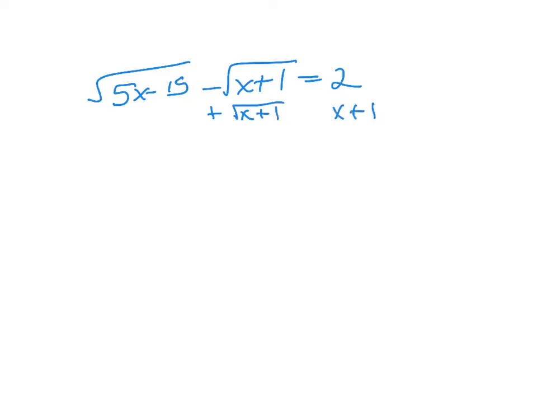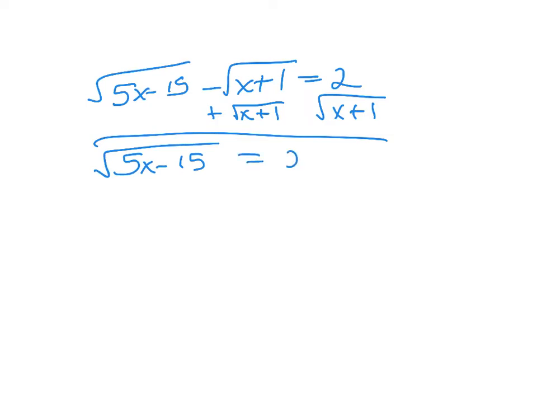So I'm going to add the square root of x plus 1 to the other side. I now have 2 plus the square root of x plus 1. In order to cancel the radical, I am going to square both sides. Squaring the left side causes that to cancel. I'm left with 5x minus 15.